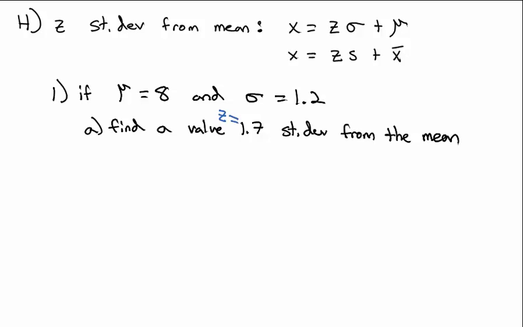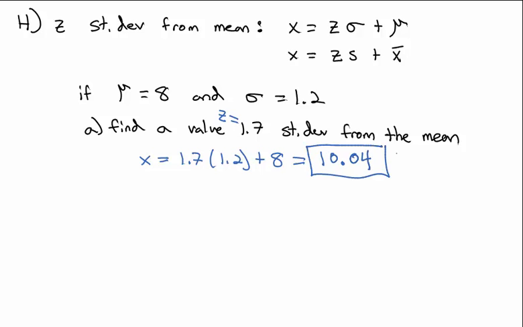We're 1.7 standard deviations from the mean. So x, our value, is z, 1.7, times the standard deviation of 1.2, plus the mean of 8. So 1.7 times 1.2 plus 8 gives us 10.04. A value of 10.04 would be 1.7 standard deviations away from the mean.